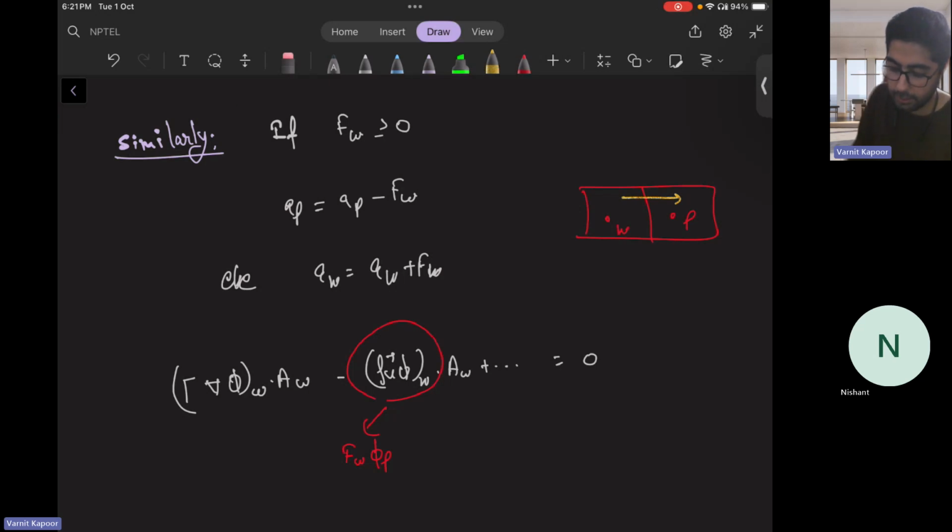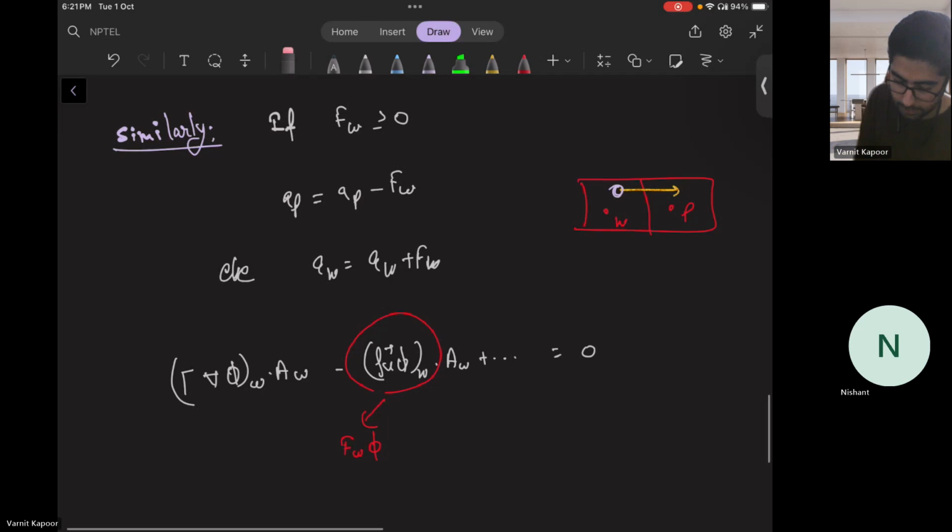So you have to see which direction the flow is, and that is the tail part. So if left to right, then if FE is greater than 0, you will consider phi W. But if FE is less than 0, then it will be FW phi P. If it is right to left, then the tail will be this phi.